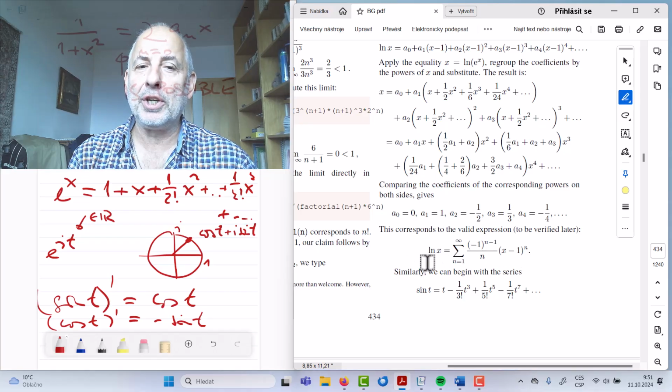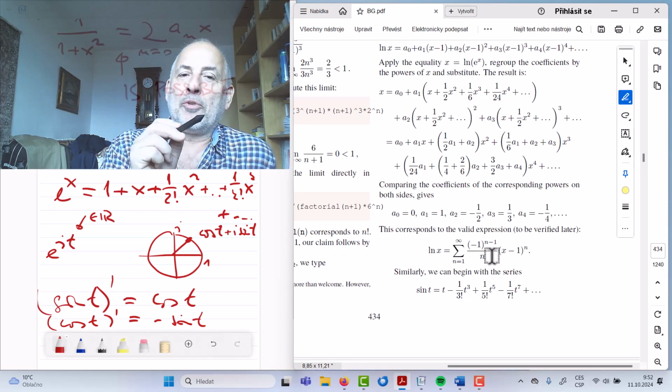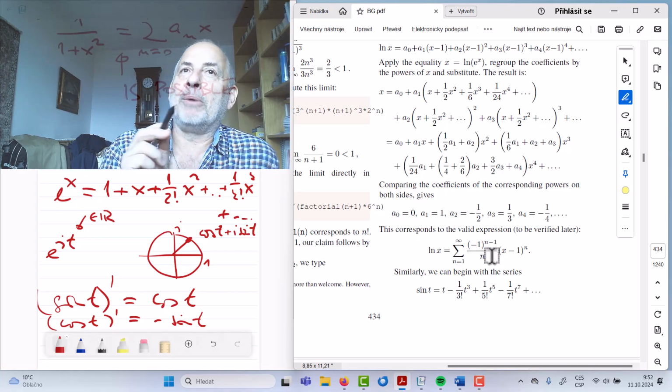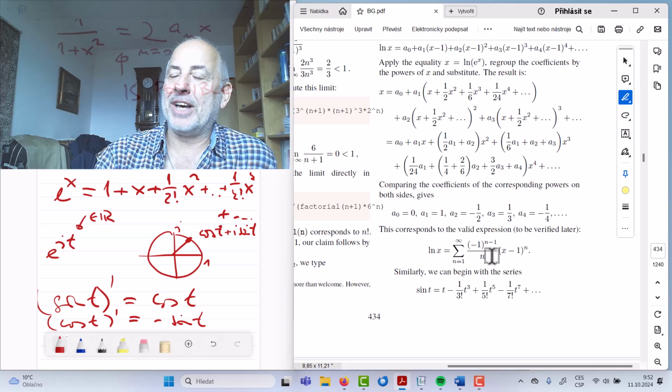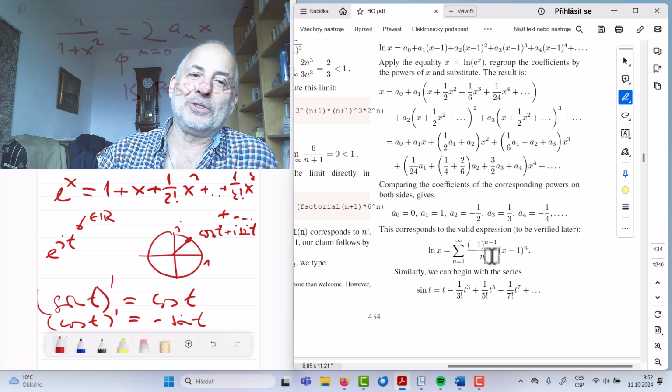And from the power series of the logarithm, you see that if you have the logarithm of 1 plus x, then it's something which I used when I derived the properties of the exponential function. So this is a very rough image, a very rough introduction.